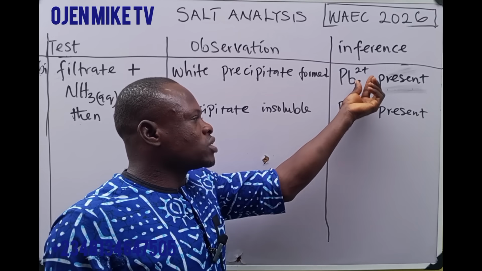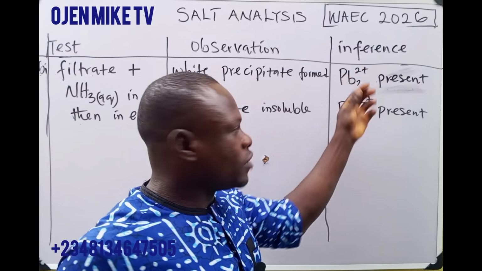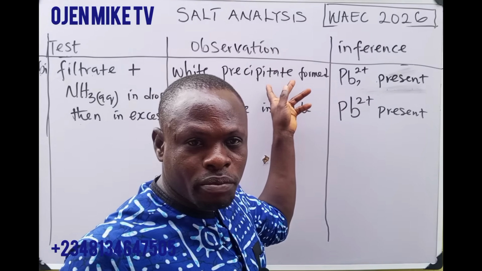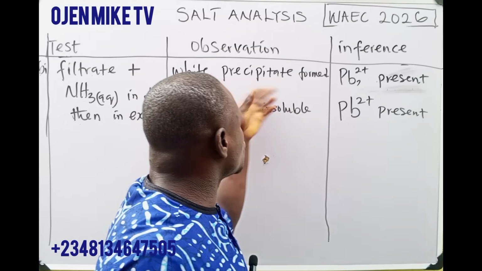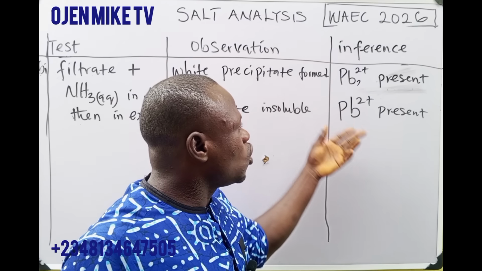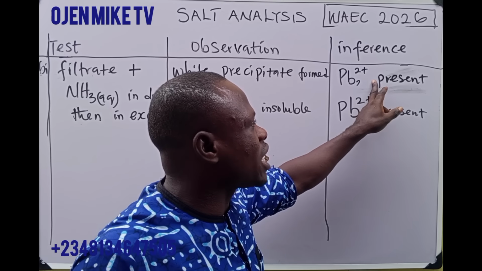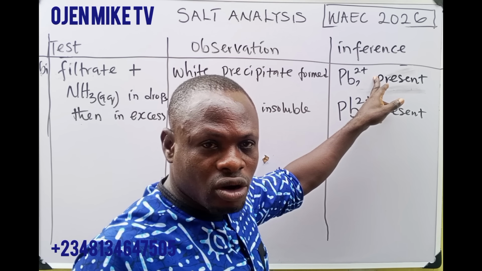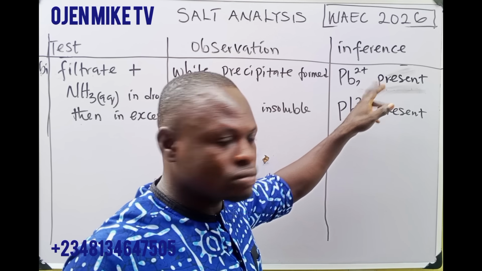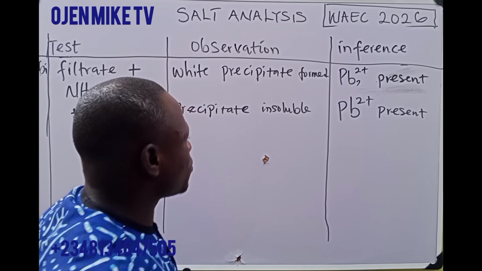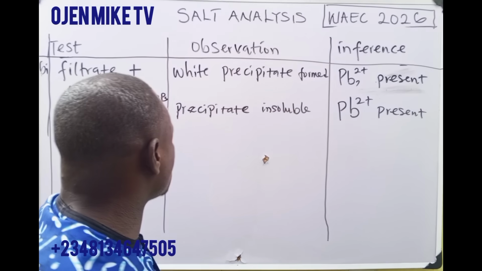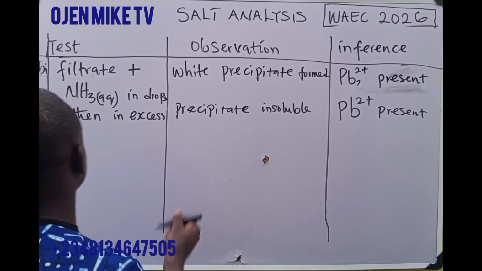Why didn't we want to use aluminum ion and zinc ion? Both of them form a white gelatinous precipitate, but in this one there is no white gelatinous precipitate. The only alternative method you can use is calcium ion. Now we are going to use calcium ion when we look at sodium hydroxide. So this one is finished.